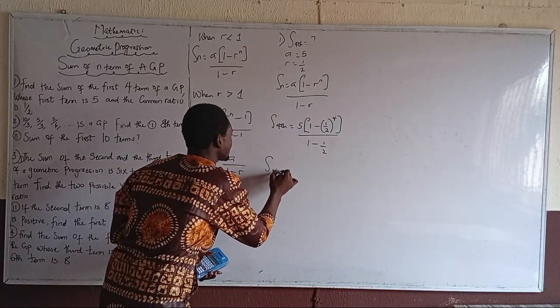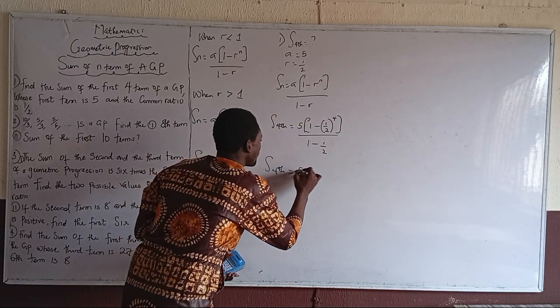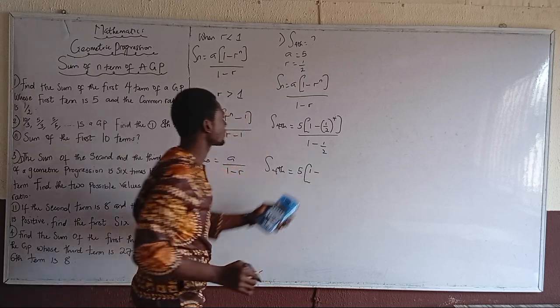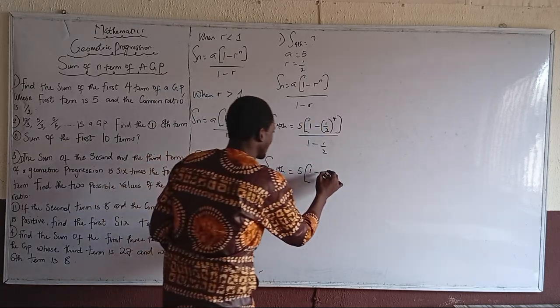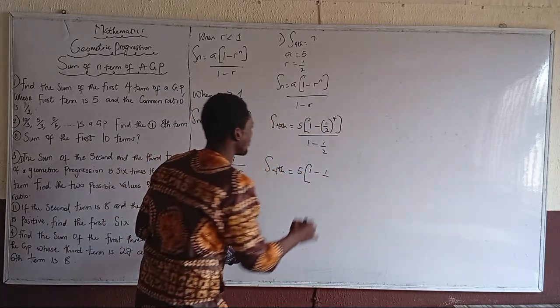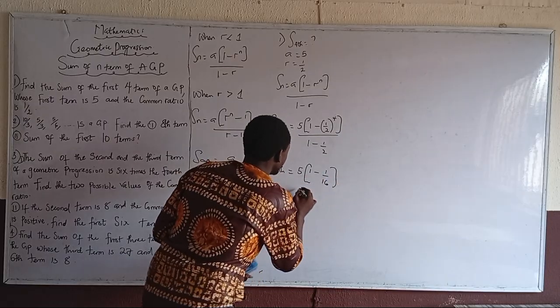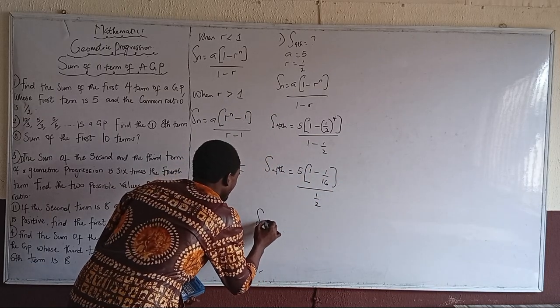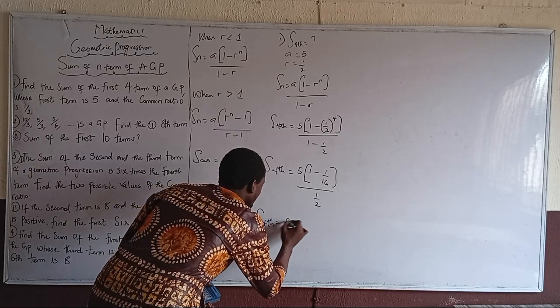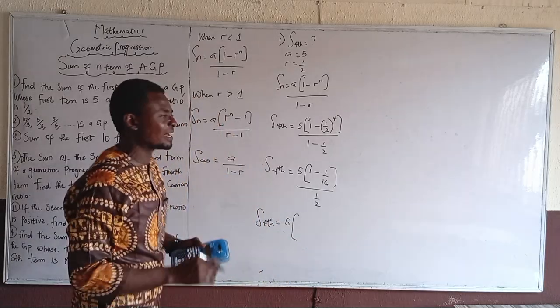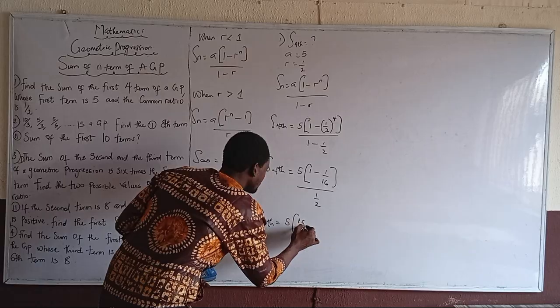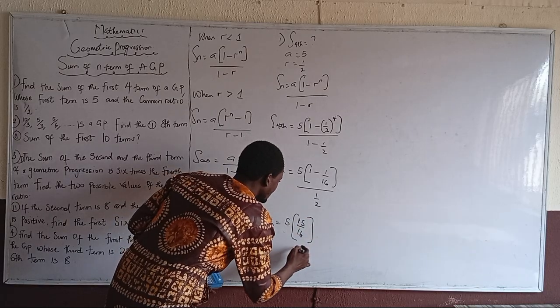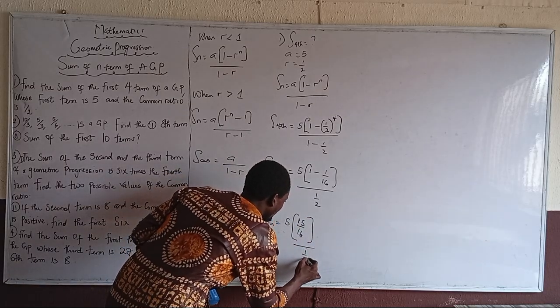So sum of the first terms becomes 5 open bracket 1 minus 1 raised to power 4 is 1, 2 raised to power 4 is 16, then over 1 minus half, which is half. Then sum of the first terms becomes 5 times 1 minus 1 over 16, which gives us 15 over 16, then divided by half.